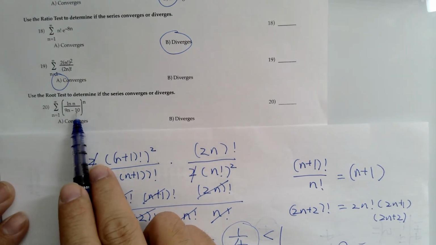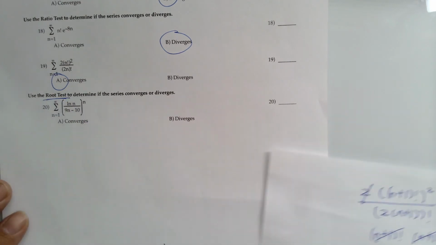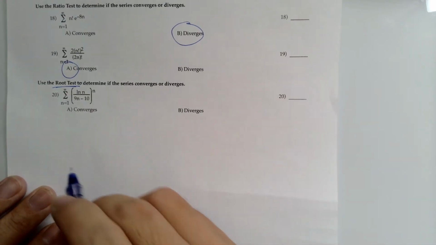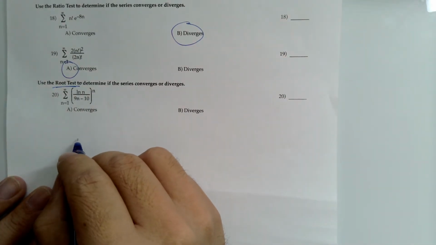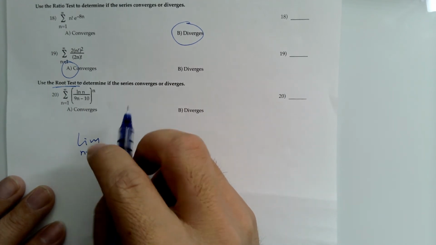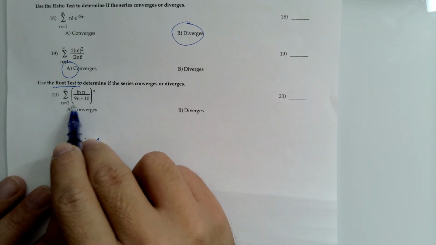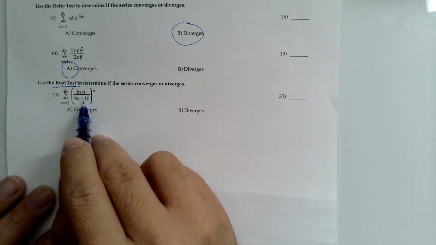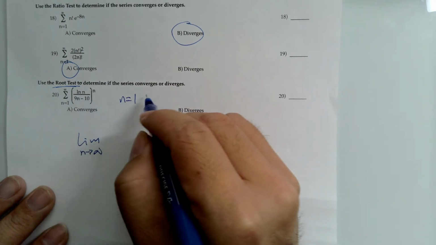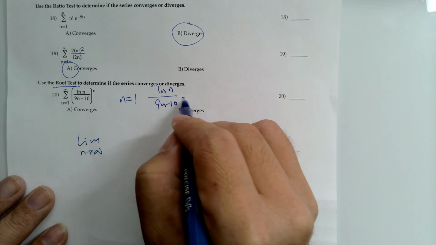Very last one, this limit. It asks us to use the root test. We can just write on this paper here. So it's going to be the limit. When it's starting from n equals 1, ln n over 9n minus 10 is 0.